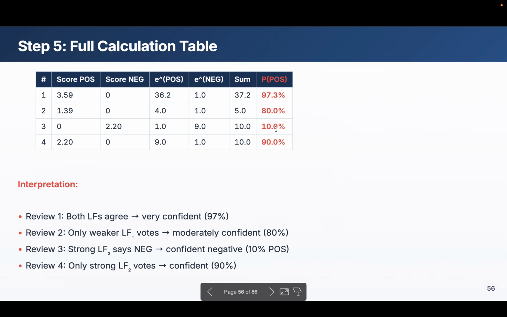Given that, we will assign the probability of positive to be only 10%. So if we see, in the first, both the labeling functions were agreeing, very largely positive. In the others only one of them is voting. So this is 90%, this is 80%, this is 90% because this is coming from a stronger labeling function, this is coming from a weaker labeling function. Similarly for this.